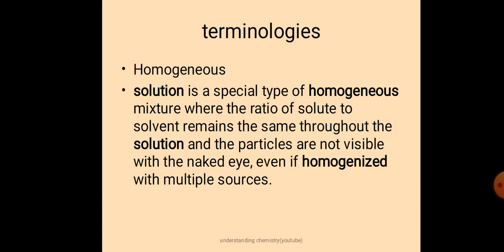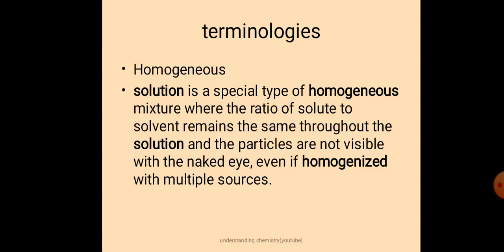The first word is homogeneous. A solution is a special type of homogeneous mixture where the ratio of solute to solvent remains the same throughout the solution and the particles are not visible with the naked eye. For example, you can take a tumbler of water to which you add a spoon of salt.